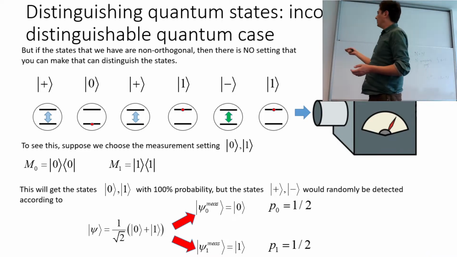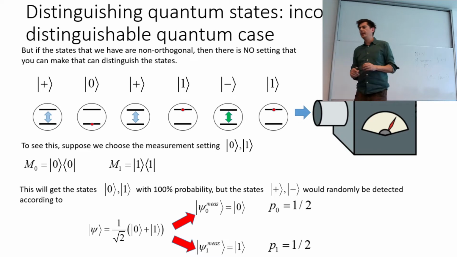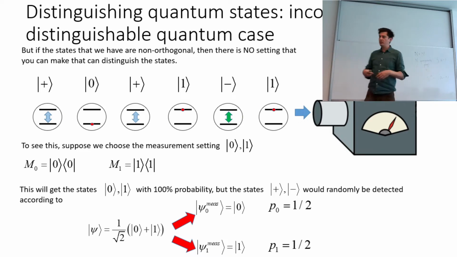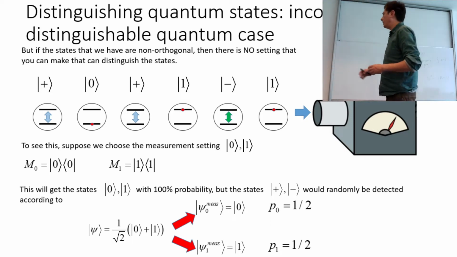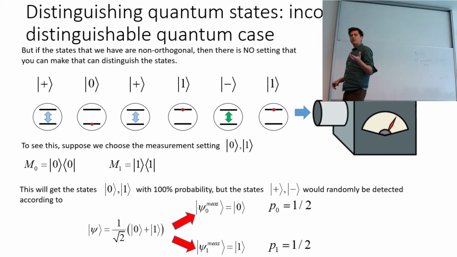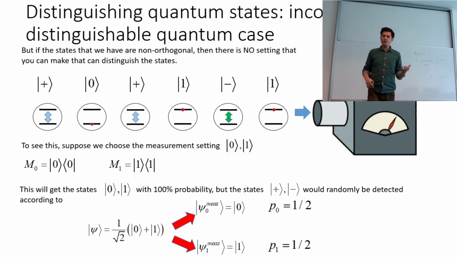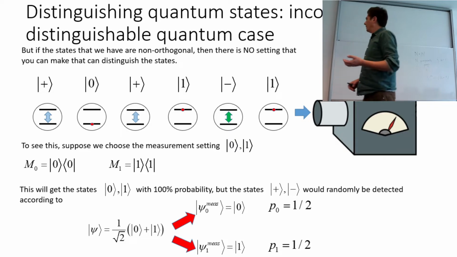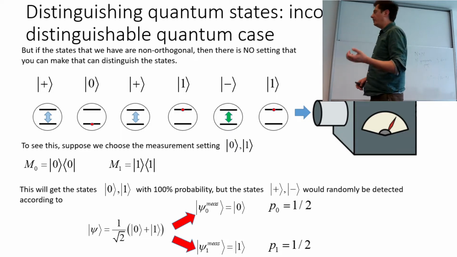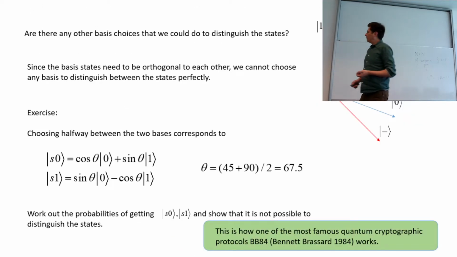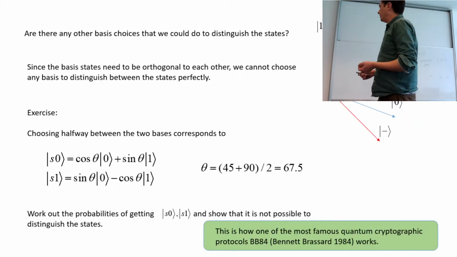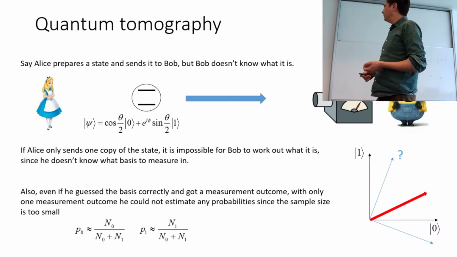It doesn't matter what measurement setting you use, you will not be able to completely figure out what this state sequence is. So if somebody sends you a bunch of information like this, encoded in 0, 1, plus, minus, you won't be able to decode it perfectly. There's no measurement you can do to figure out what the state is. There will be some error in there. It's just talking about how this is not a good measurement to do to distinguish the states.